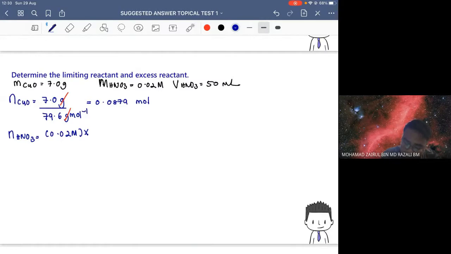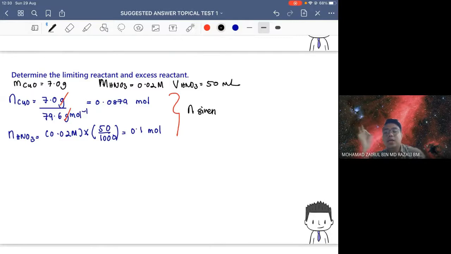So volume dia awak kena dalam liter divided by 1000 lah. So awak akan dapat 0.1 mole. Okay, since this is the number of mole obtained from the question, yang ini kita panggil dia sebagai mole given. Okay, mole given adalah mole yang kita dapat daripada soalan.